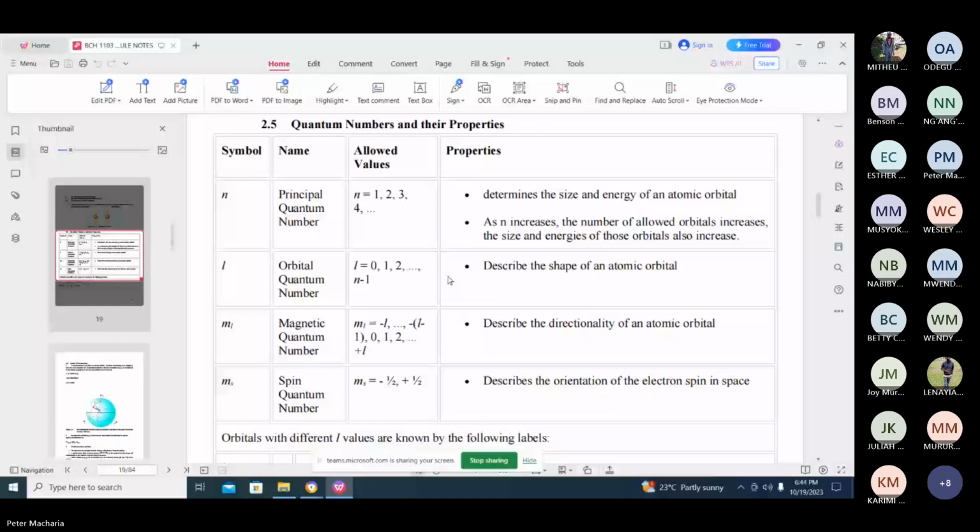Now, those are orbitals, isn't it? So within sub-levels, we have orbitals. Now, the orbitals are represented in terms of quantum numbers by ML.